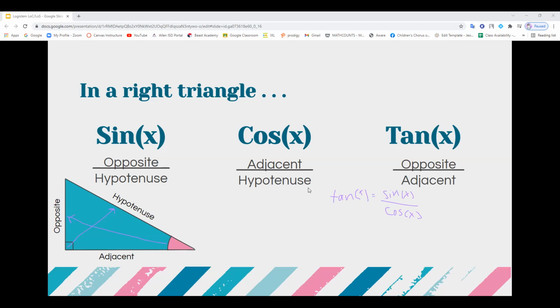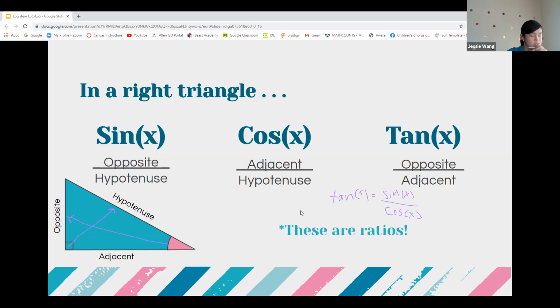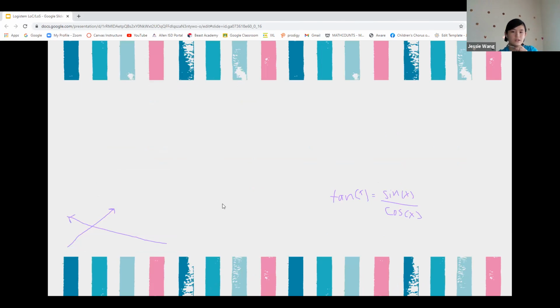Alright, so now that we've defined sine, cosine, and tan, let's move on. So yeah, as I said before, these are ratios. So no matter what the side lengths of the triangles are, sine of the same angle is always going to be the same because it's a ratio. Alright.